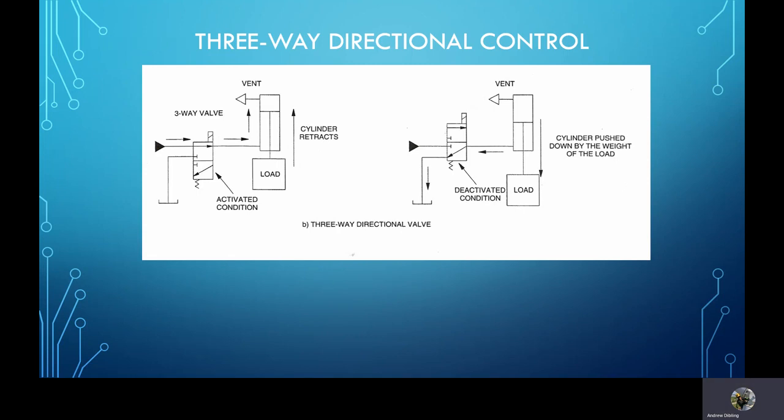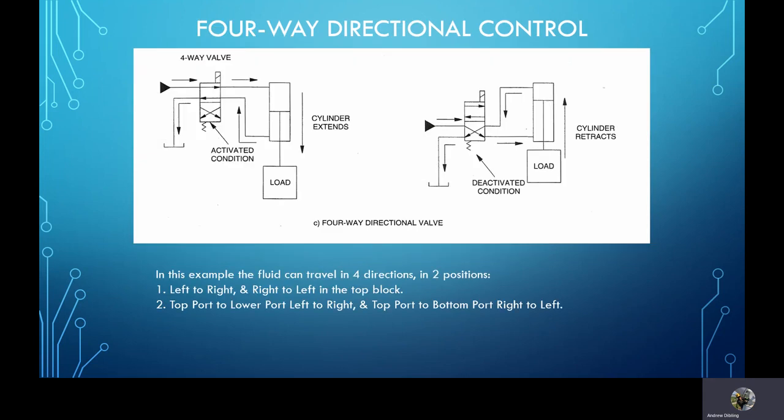So that gives the fluid three options. That's why it's called a three-way valve. That's one of the biggest confusing elements of naming your valves. You think, well, this is a two-way valve, the fluid goes two ways. And you're right, it does, but there's three options for the fluid to have, and that's what you remember.